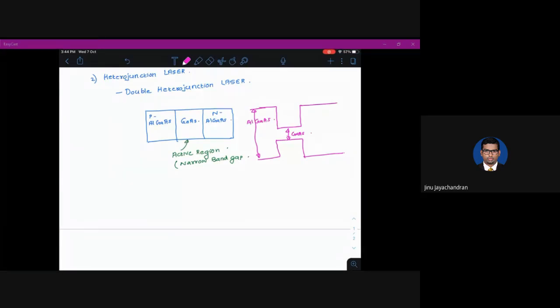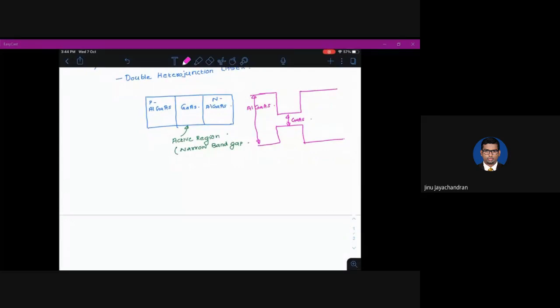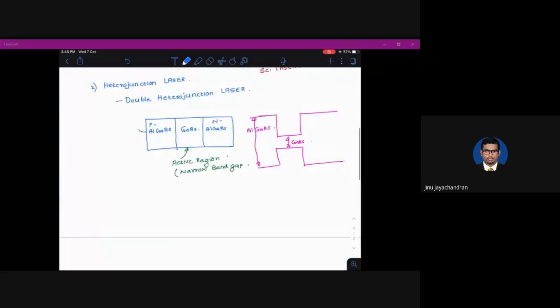So basically you need to have some kind of a pumping mechanism. How will you do the pumping? You will do the pumping by connecting it to a source, positive and negative. So the current will be injected. The current will pass through the junction towards the gallium arsenide.